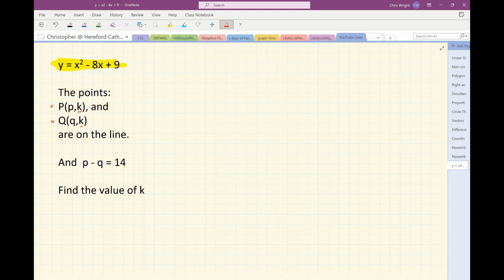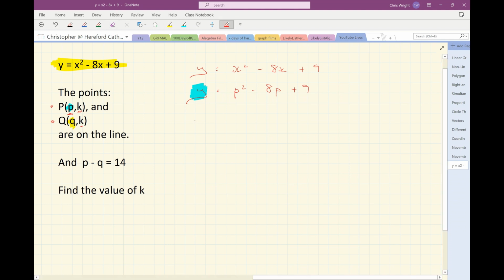So straight away, I know that if I take this equation, y equals x squared minus 8x plus 9, and substitute an x coordinate of p in there, that would give me a y coordinate of p squared minus 8p plus 9. And I know that that y coordinate will be equal to the y coordinate that is generated when I have an x coordinate of q.